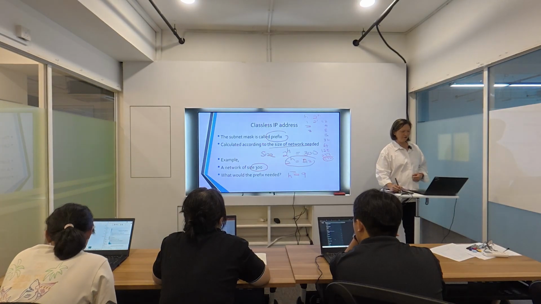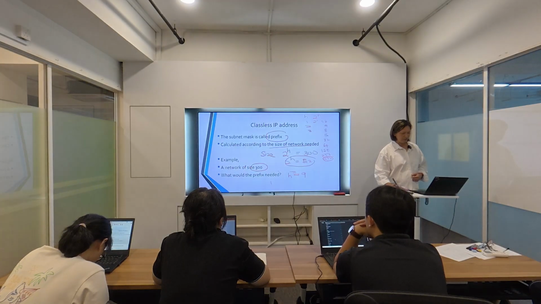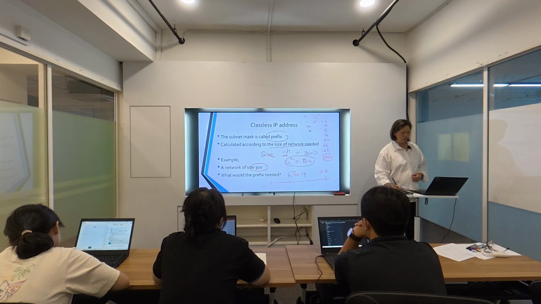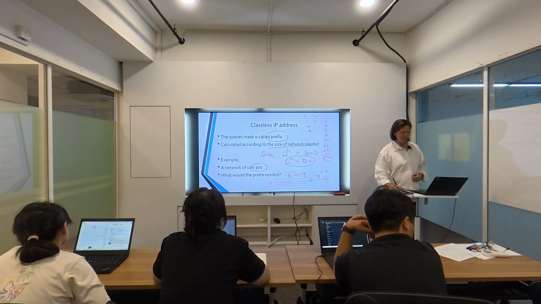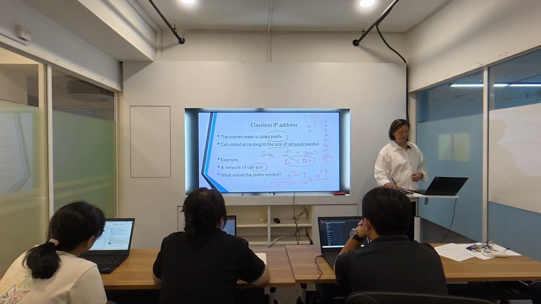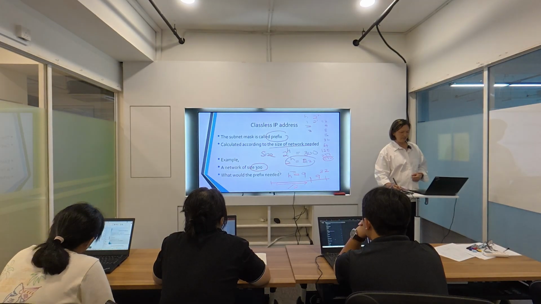So therefore, if host bit is 9, what would be our prefix? We know that our total bit count is 32. You only need 9 host bits. So what would be the mask size here? 32 minus 9, so this is slash 23.